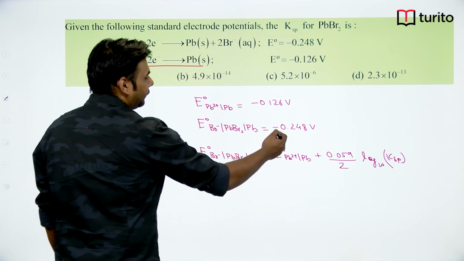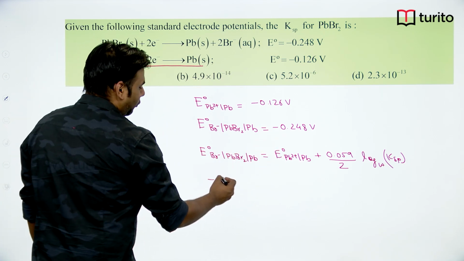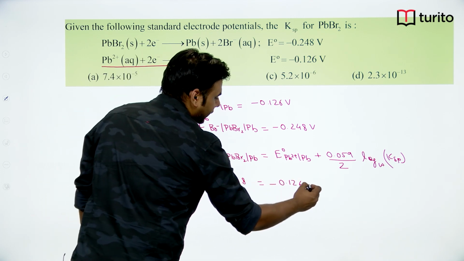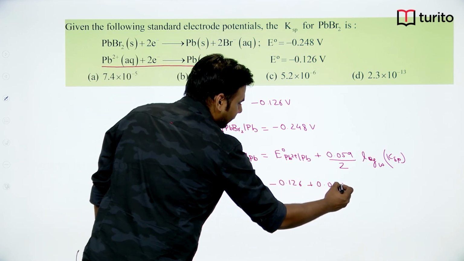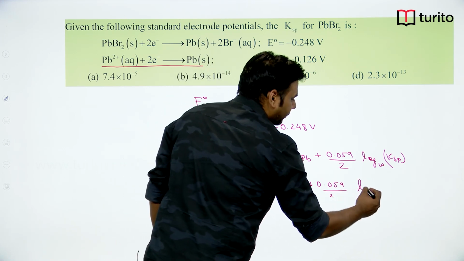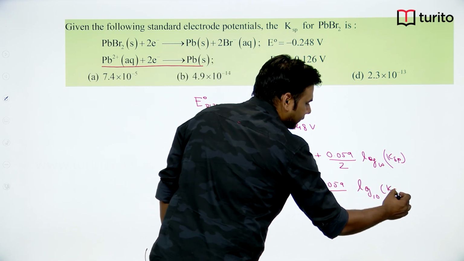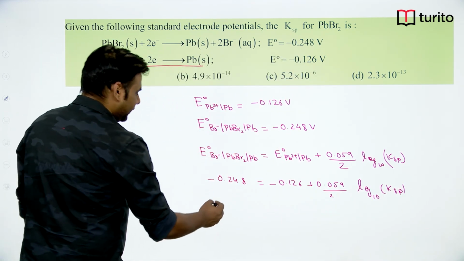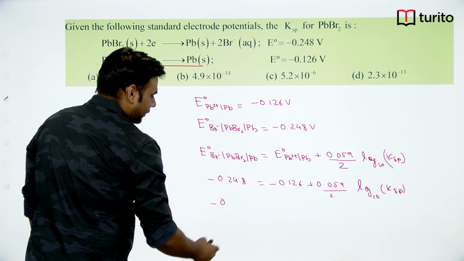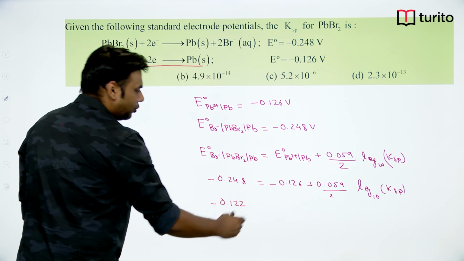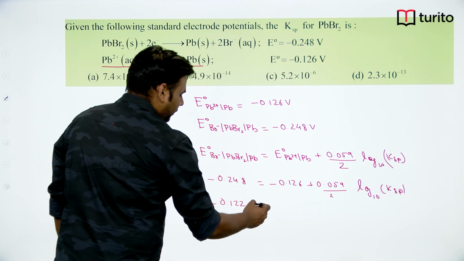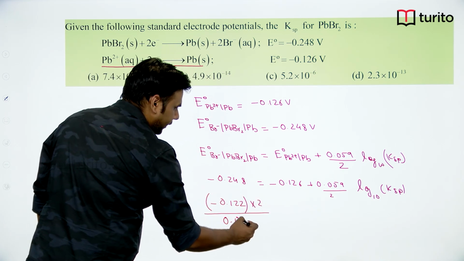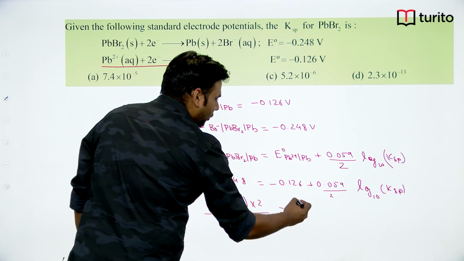You can calculate this. We know the value of this, which is minus 0.248. We know the value of this, which is minus 0.126, plus 0.059 upon 2 log base 10 Ksp. You can just take this over here, and this becomes very easy now. So this is basically minus 0.122 into 2 divided by 0.059, which is equal to log of Ksp.